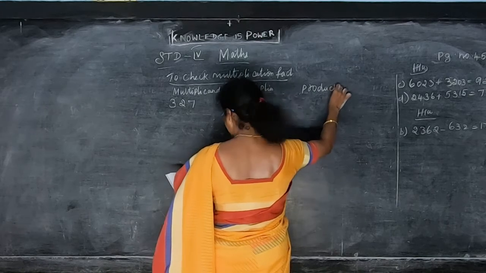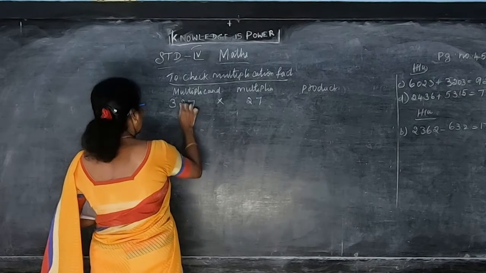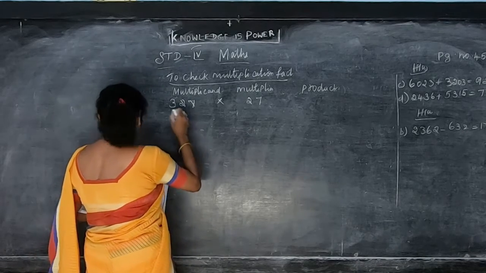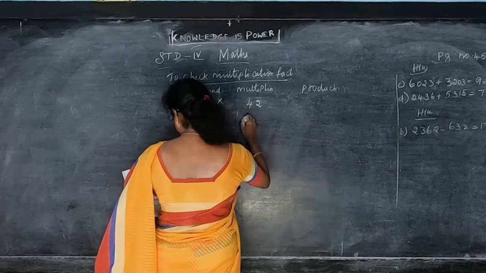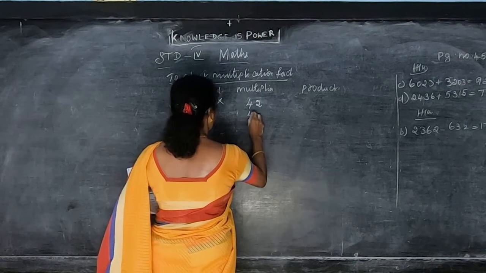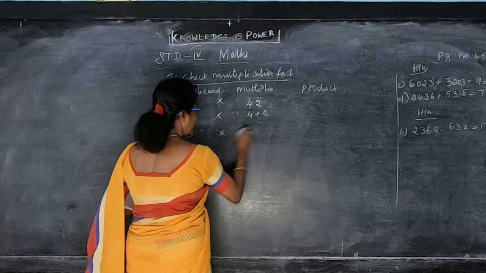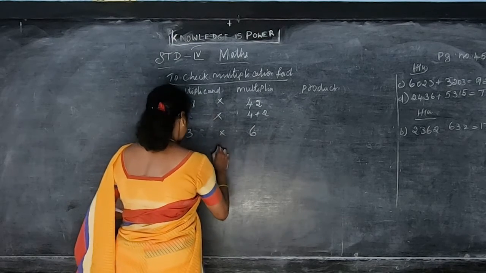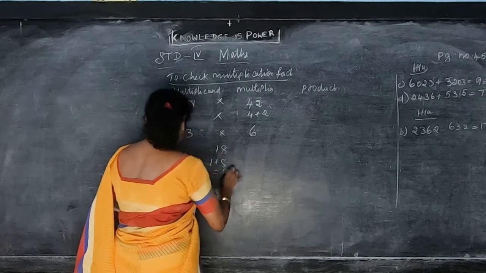So how do we check this? Strike off the 2 and 7. Then here 3 comes. Sorry, 42. So 42 is 4 plus 2, that is 3 into 6. That is 3 sixes are 18. So 1 plus 8, that is equal to 9.